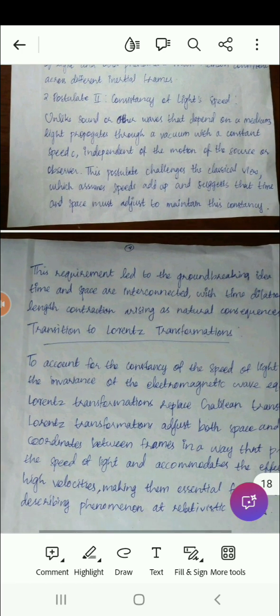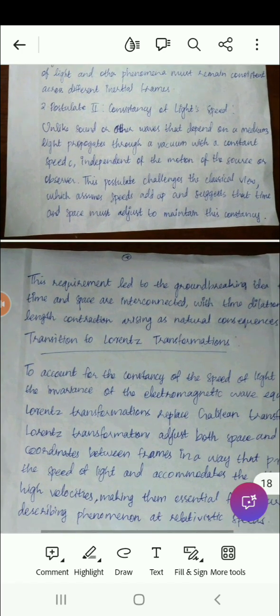And the second postulate is the constancy of light speed. Unlike sound or other waves that depend on a medium, light propagates through vacuum with a constant velocity c, independent of the motion of the source or observer.